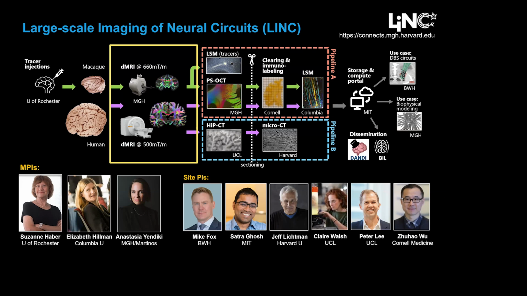We will compare these and merge this data with imaging from orthogonal modalities, including optical imaging, light sheet microscopy, and whole brain hierarchical phase contrast CT to get microscopic level information about axons in the brain.